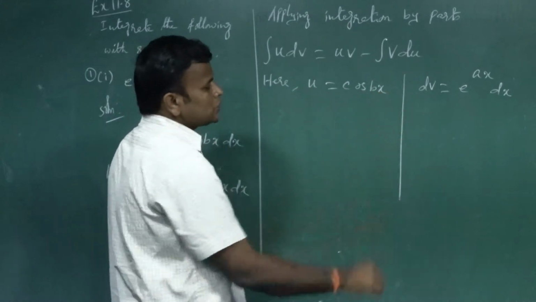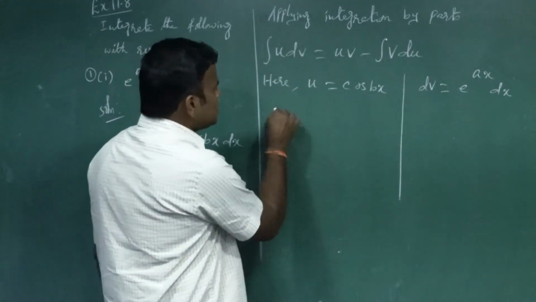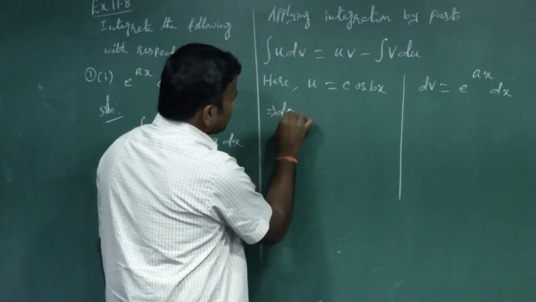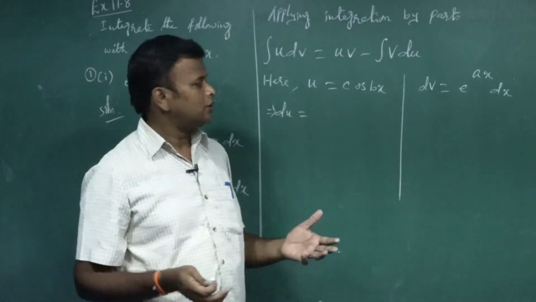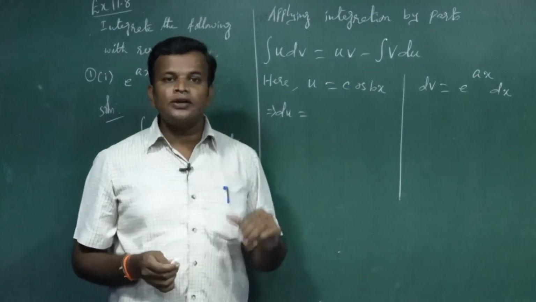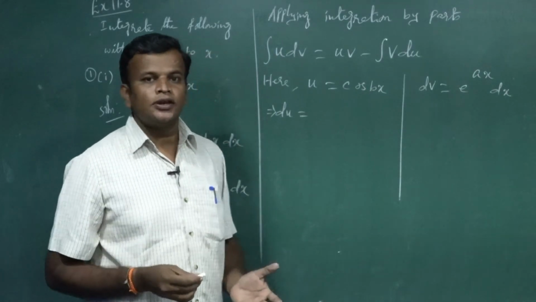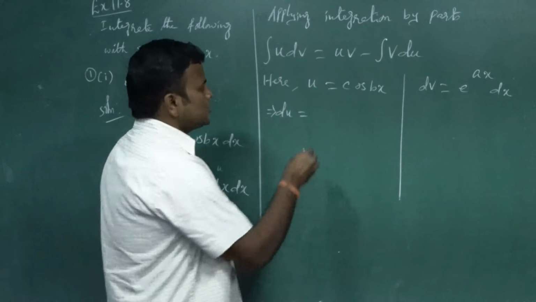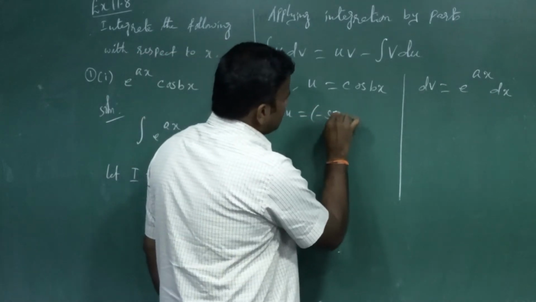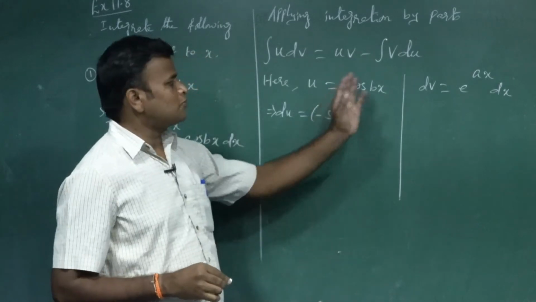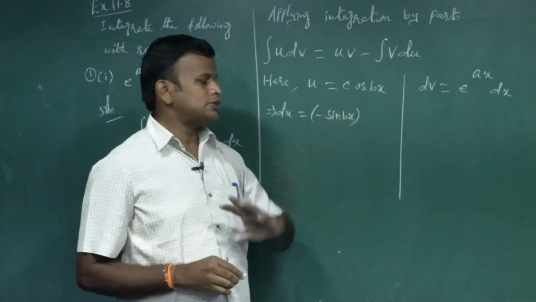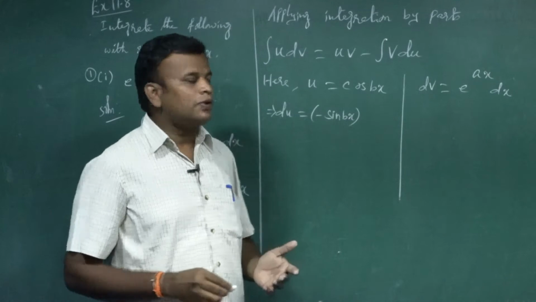The value of u is cos bx. What about du? du means we take just the differential. The differentiation of cos is minus sin, so minus sin bx first of all. But it is a composite function.